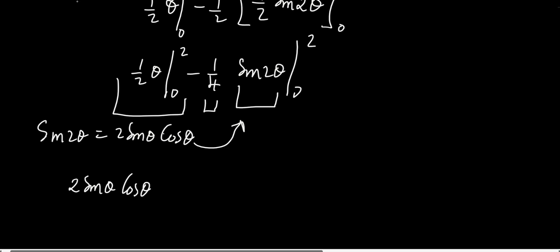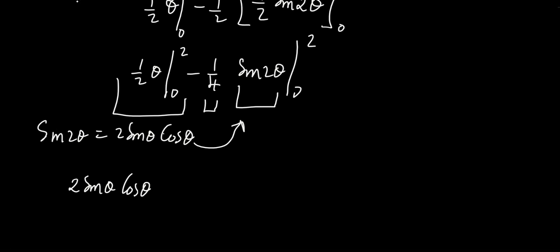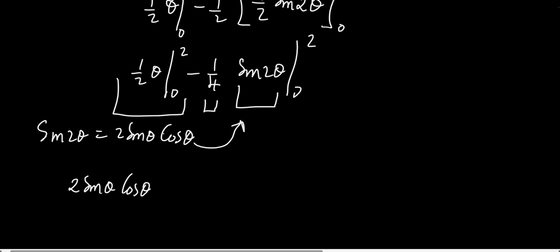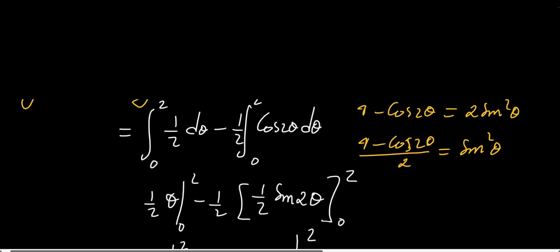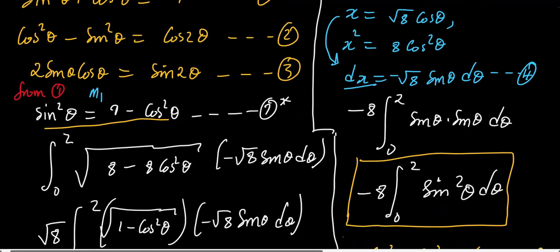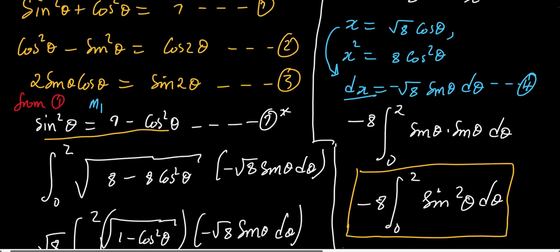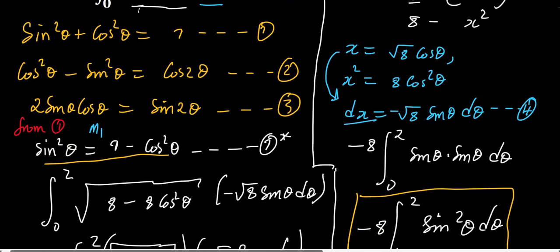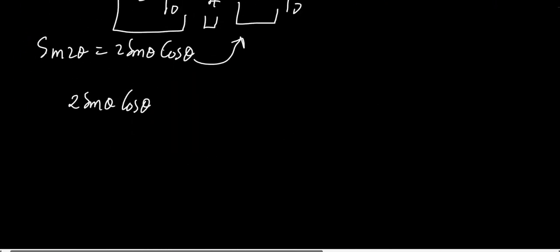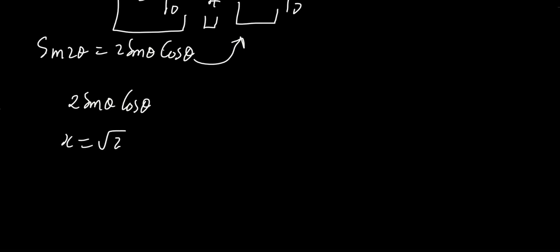And now what do we know? We know that we initially made a substitution. If I could quickly go back to that substitution. The substitution was x equal to the square root of 8 cos theta, right? We saw that we made a substitution x to be equals to the square root of 8 cos theta.